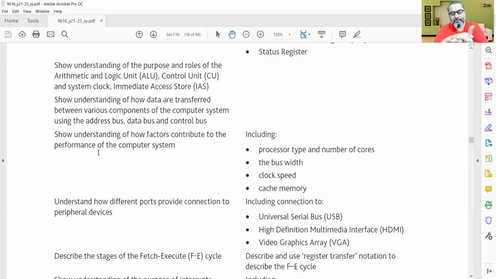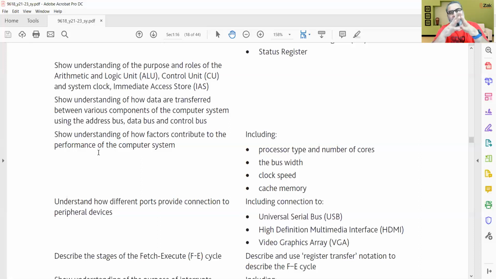When the processor is connected over the motherboard, these buses are running along over the motherboard. So what I'm trying to say is, the bigger the address bus width, the higher the address that you can access.